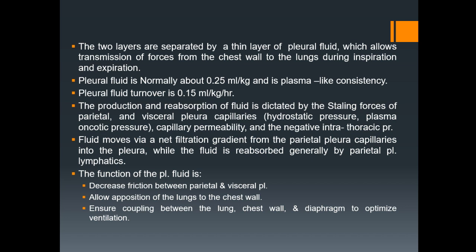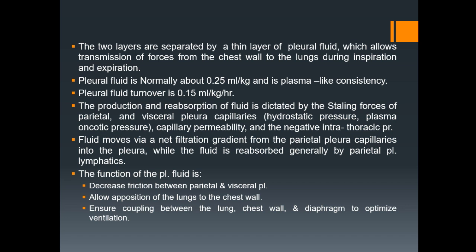It is also hydrostatic pressure and plasma oncotic pressure that facilitate the secretion and reabsorption, the production and reabsorption of this fluid by these forces, and it is also enhanced by capillary permeability and the negative intrathoracic pressure, which enhances the absorption of the fluid from the pleural cavity to the visceral pleura. The fluid moves via a net filtration gradient from the parietal to the visceral pleura.